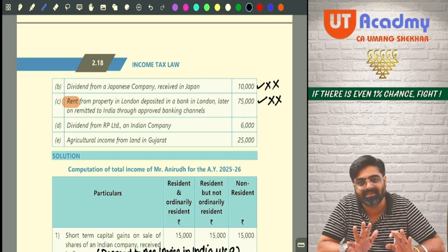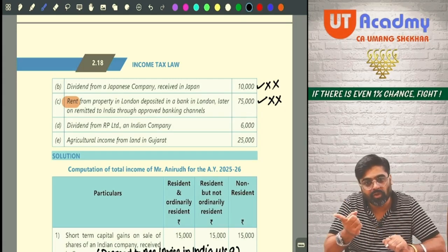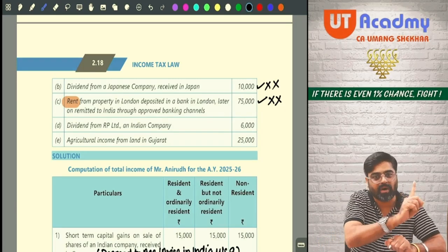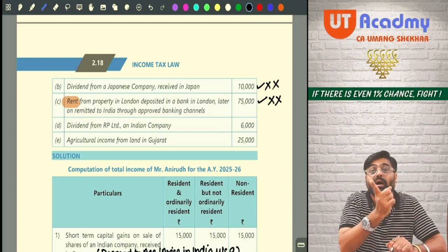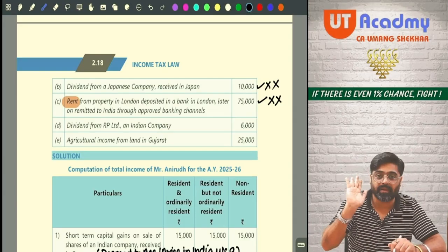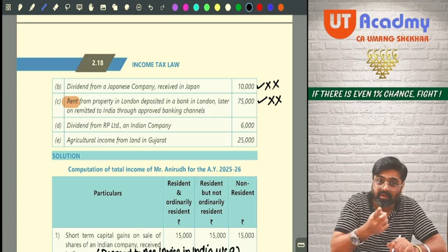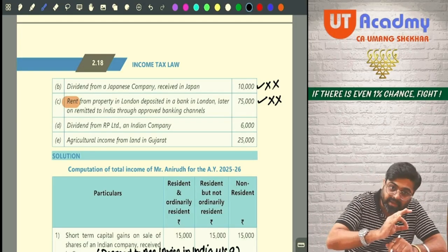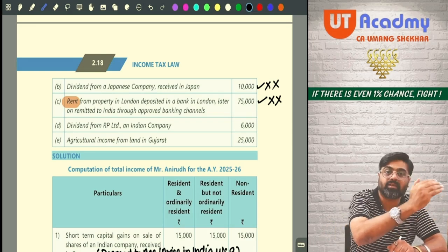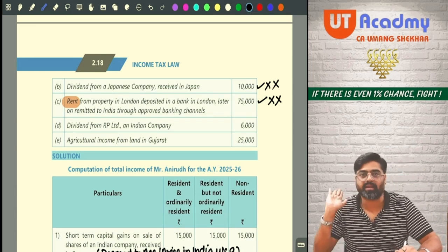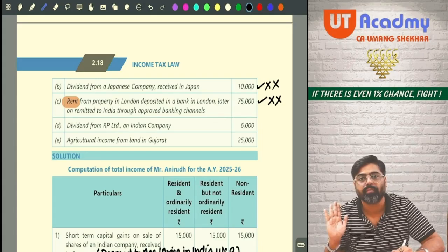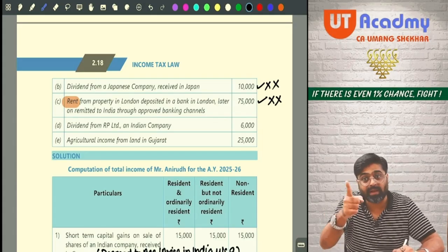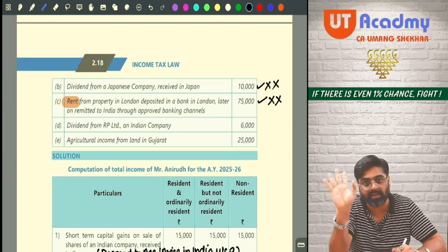Understanding? So what you will do? You will charge this rent in the hands of ROR only, under the head house property. But to calculate total income under the head house property, this rent will be taxed after 30% standard deduction. Yes or no? Whenever rent is written, you are supposed to do like this only.